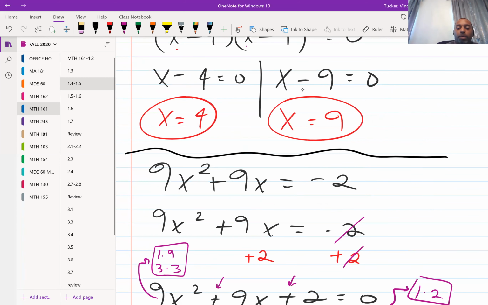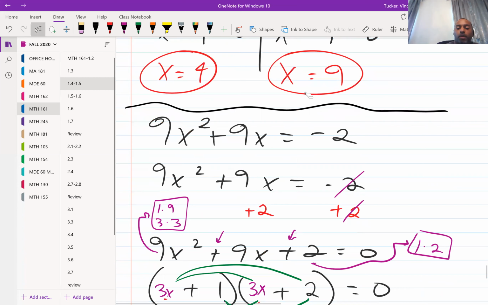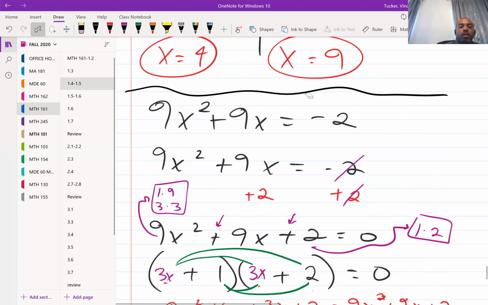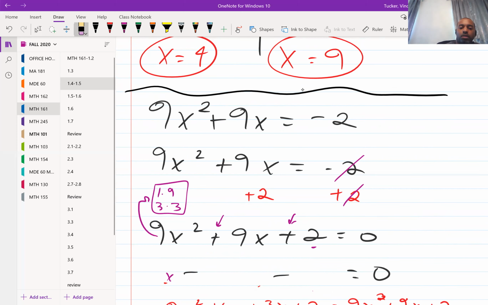So we'll add 2 to both sides. And let me erase some of this stuff so it's clear what is what. So we're looking at 9x squared plus 9x plus 2 equal to 0, once we add 2 to both sides.